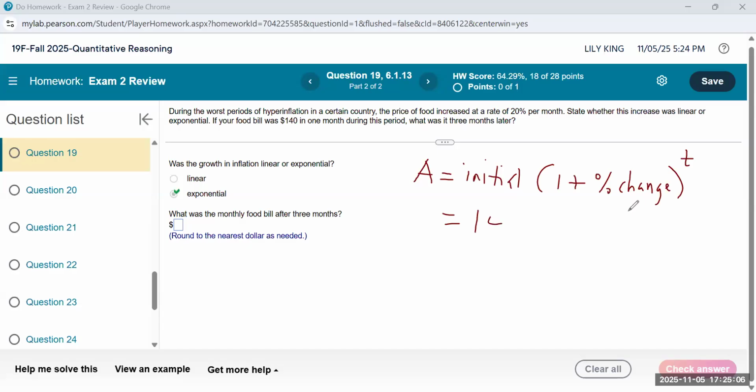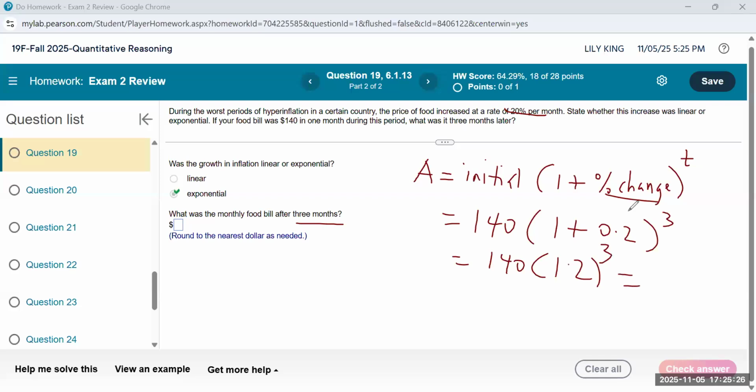So we have 140, 1 plus the percent change, 20% to a decimal is 0.2, and you have your time to be 3 months. So 140 times 1.2 exponent 3. And to the nearest dollar, we have $242.